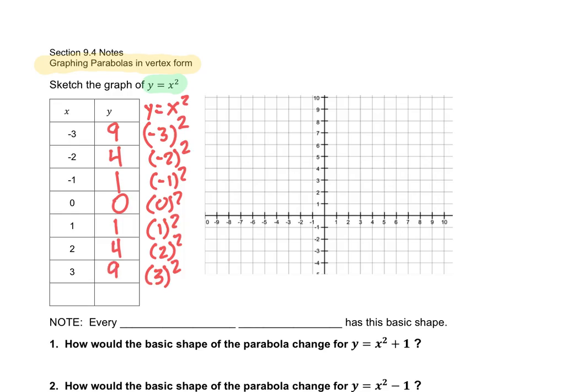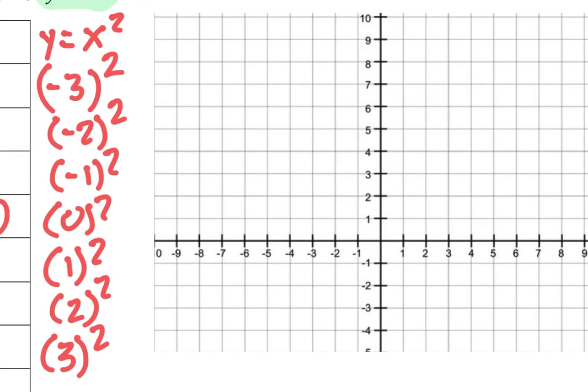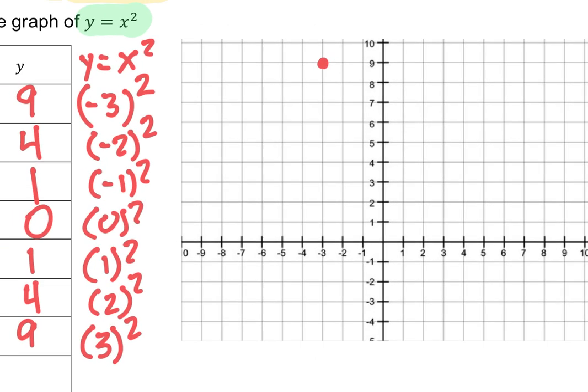Very good. Now let's go ahead and put those points on our coordinate plane over here. So we have -3, 9. Just a little bigger here. -3, 9. And then we have -2, positive 4.